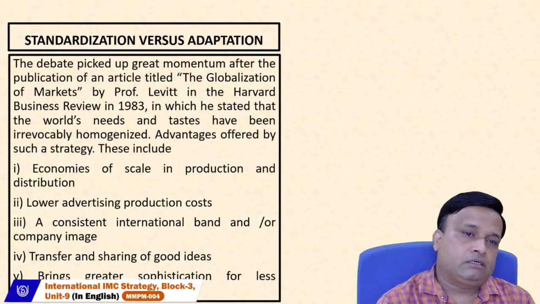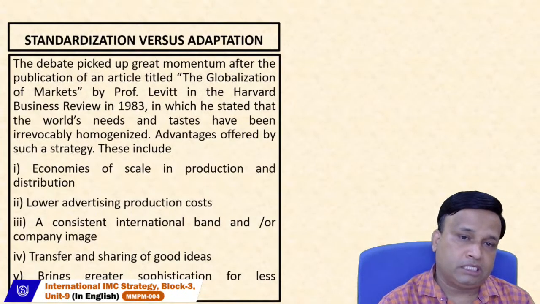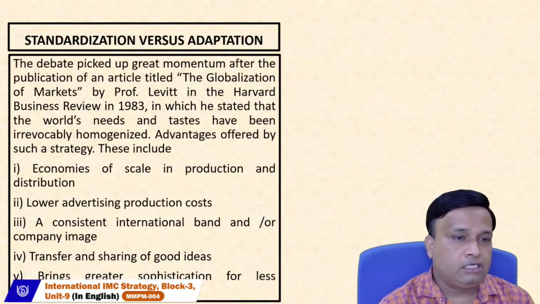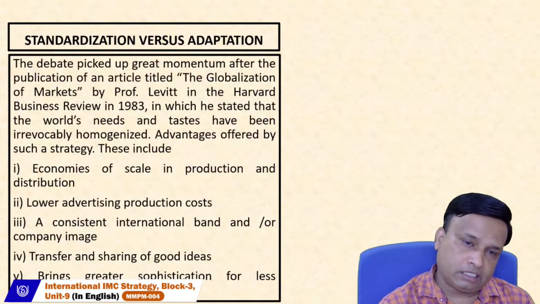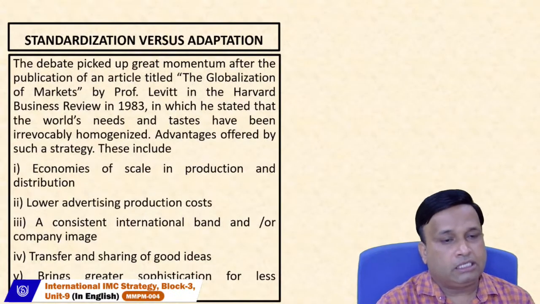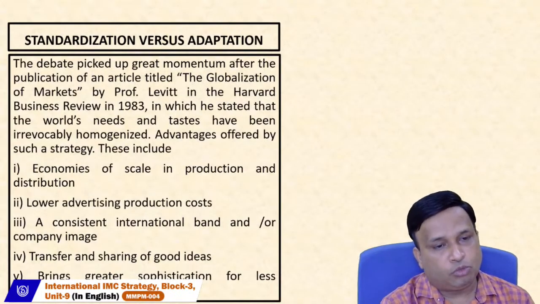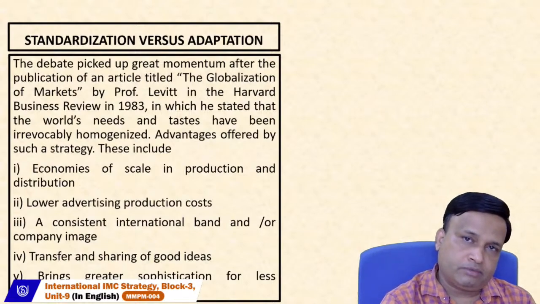That is Levitt in 1983, in which he stated that business needs have been irrevocably homogenized. But is that exactly correct? I don't think so. It has not become homogeneous throughout the globe, because the tastes and preferences of different countries differ.